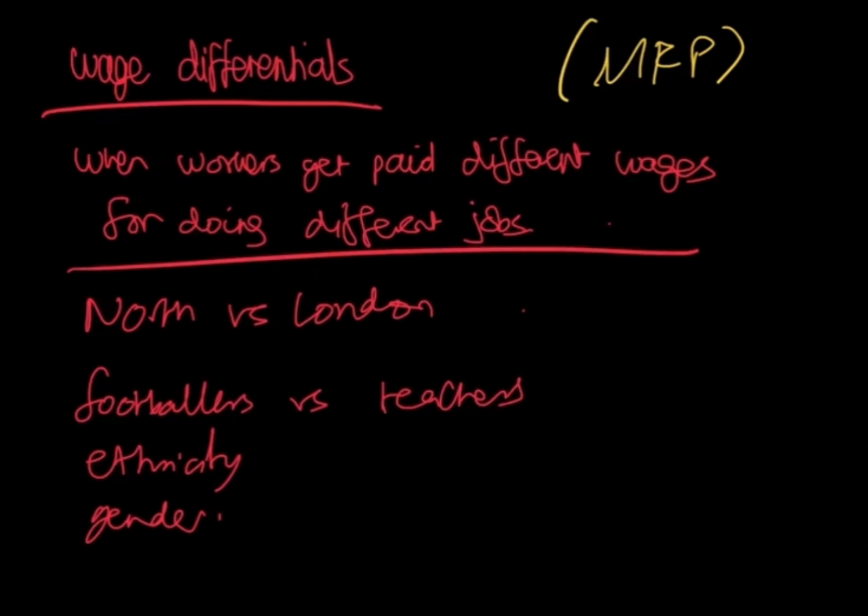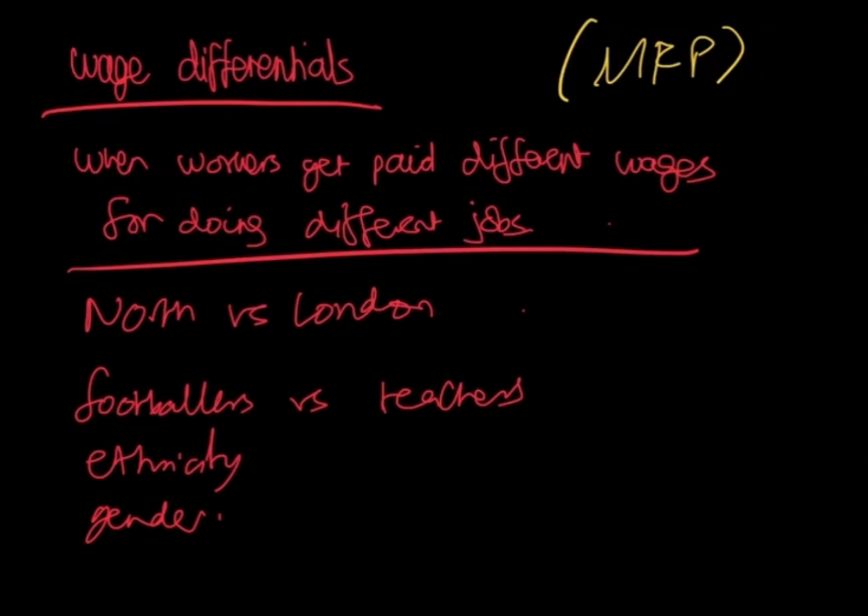Yeah, so remember, supply is not just the number of people willing to work, because there's probably more people willing to be a footballer than a teacher, or maybe a similar amount. But remember, it's about willing and able to do that thing.